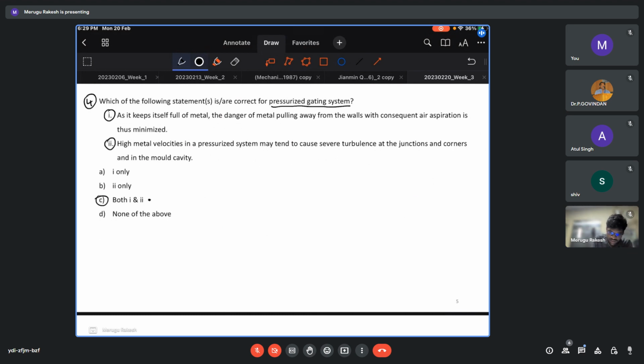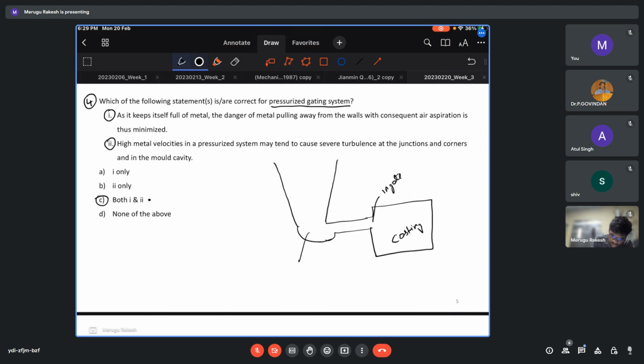So let me explain what exactly this pressurized gating system is. I will be drawing this setup so many times in this session. So we have a casting here, we have an ingate, we have a sprue, we have a runner.